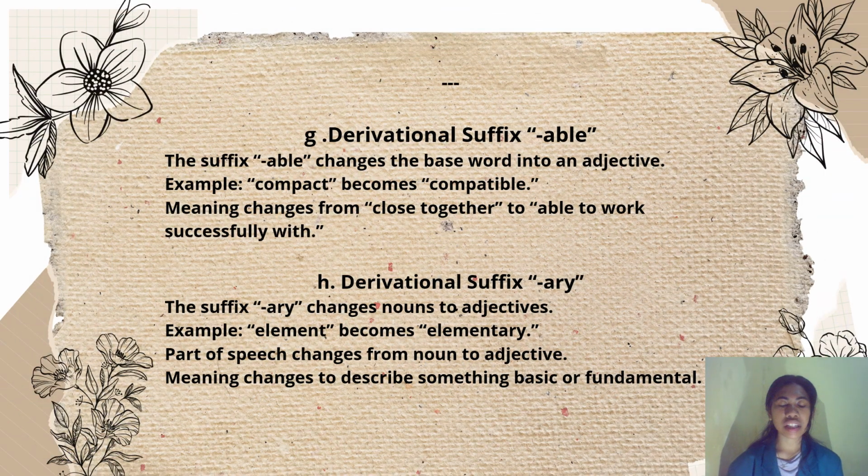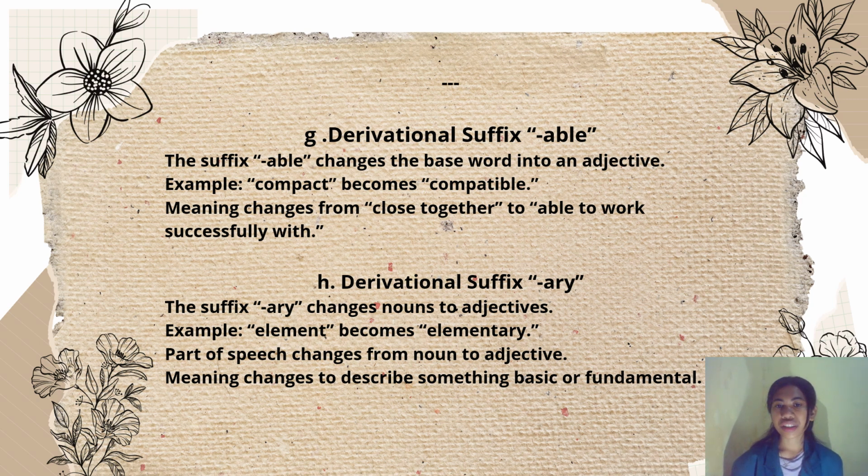Now we move to the next slide. We still discuss the derivational suffix. The students also use the derivational suffixes "able" and "ary". The derivational suffix "able" changes the base word into an adjective. For example, the student uses the word compact, which becomes compatible, with the meaning changing from close together to able to work successfully with.